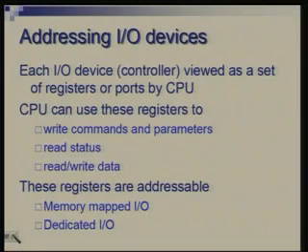So, depending upon the requirement of the device, each device would be seen through a collection of registers, and these registers must have addresses, so that at any given time a program running in the CPU can read or write a register. There are two ways addresses can be assigned. You can have memory mapped I/O, which means that in the entire memory address space, you leave some area which is earmarked for input output.